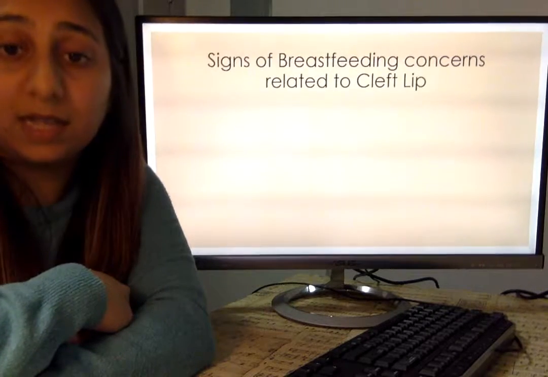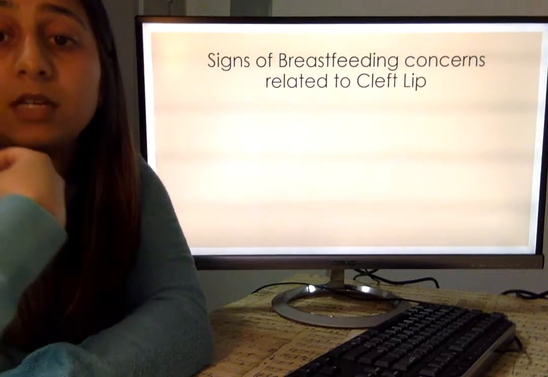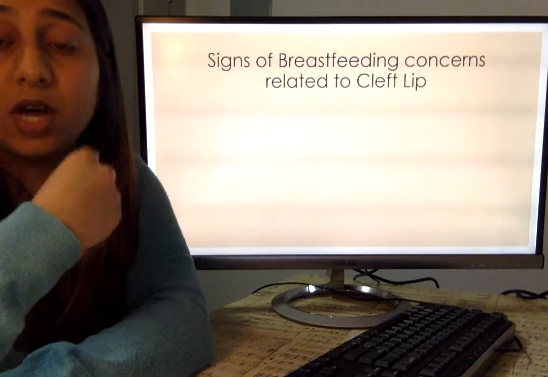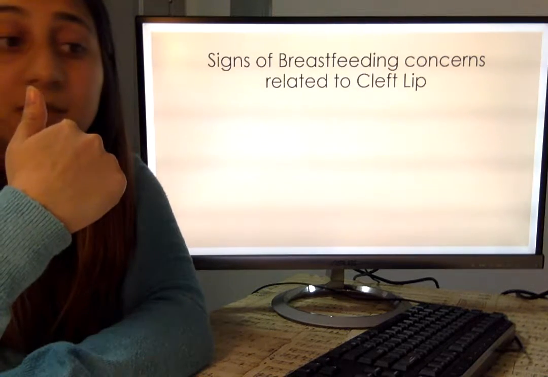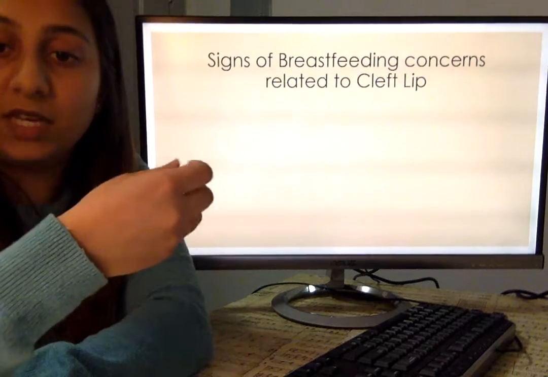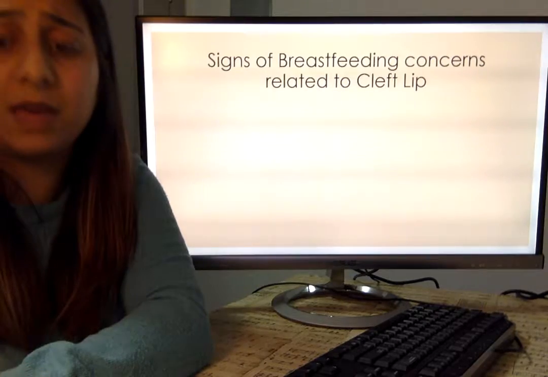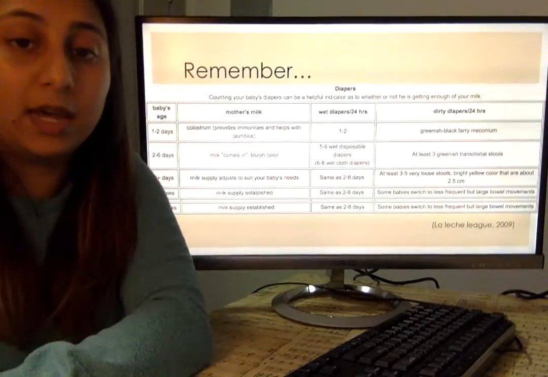Now, breastfeeding with a cleft lip: if there are issues, the baby may make a smacking sound during the feed. They may have a weak latch. They may have milk come out of their nose. They may develop a snacking pattern where they do many frequent small feeds. The baby may have poor weight gain, as I said, or inappropriate output and growth.